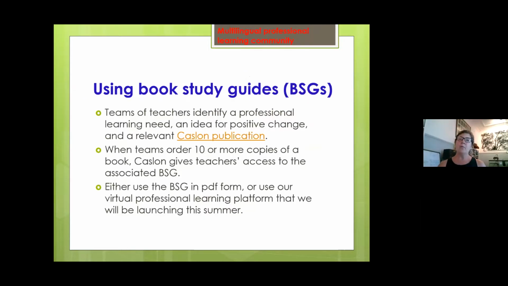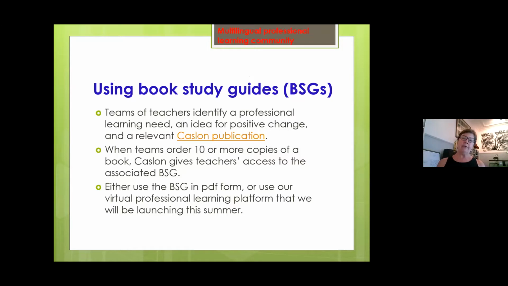And in order to use the book study guides, you can identify a professional learning need, an idea for positive change, and a relevant Caslon publication. When you order 10 or more copies of a book, we'll give you access to the associated BSG.